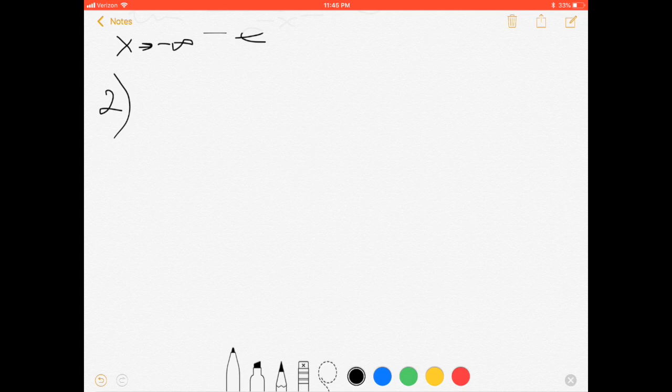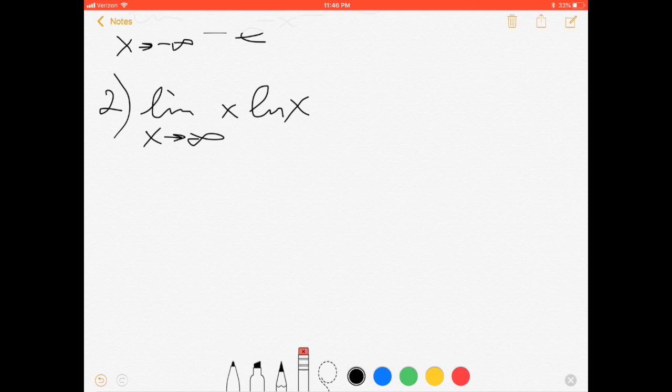Example number 2. Limit as x approaches infinity of x natural log x. Sorry. I think when I copied, I made a mistake.